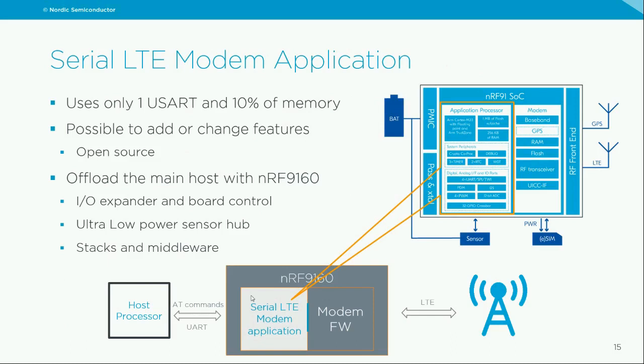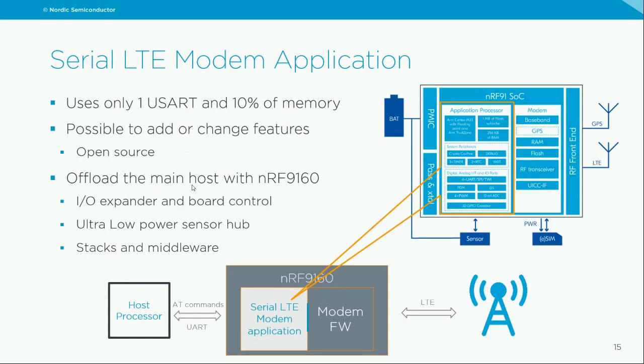But you should really be aware that starting from this, you can add or change features as you want, or you can start to offload your main host and put functions inside the 9160. Typical use cases for that is as I/O expander or for other type of board control, because the main host is typically overloaded with a lot of low-level functions.